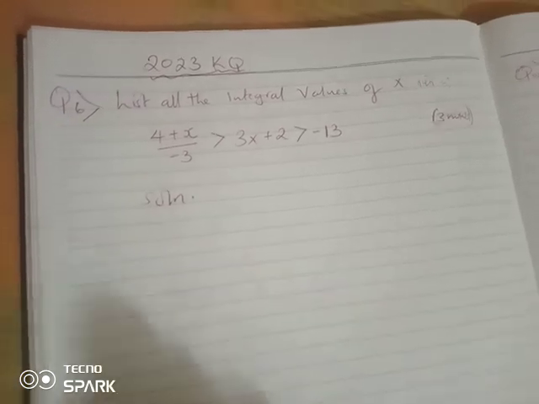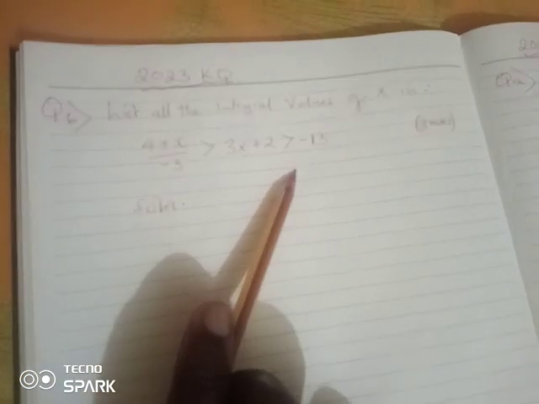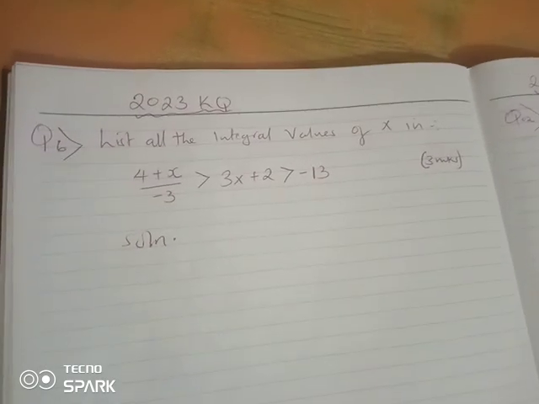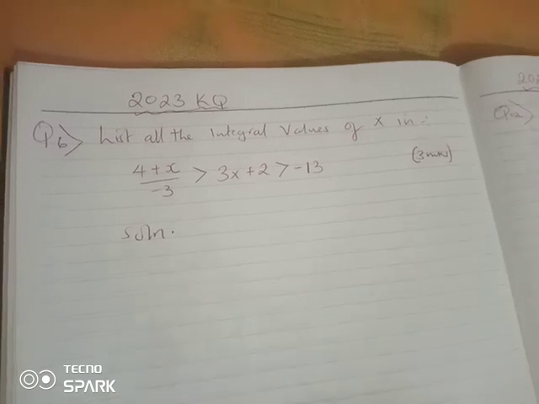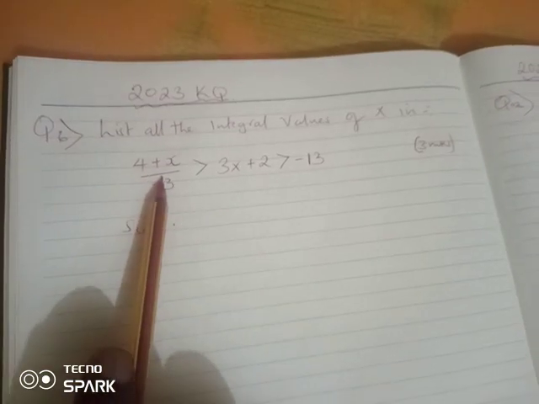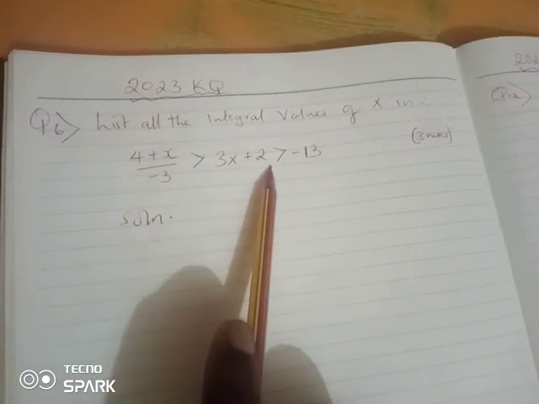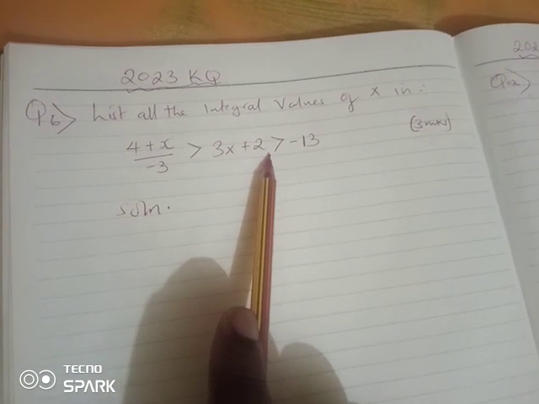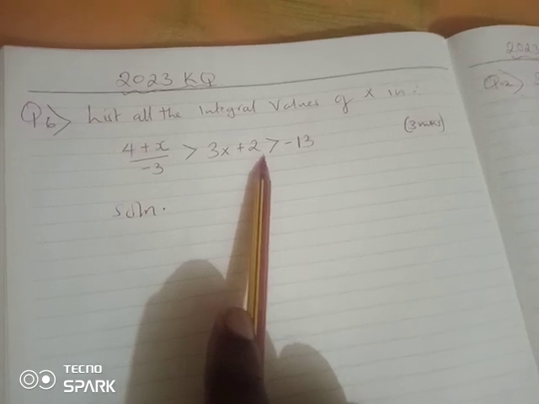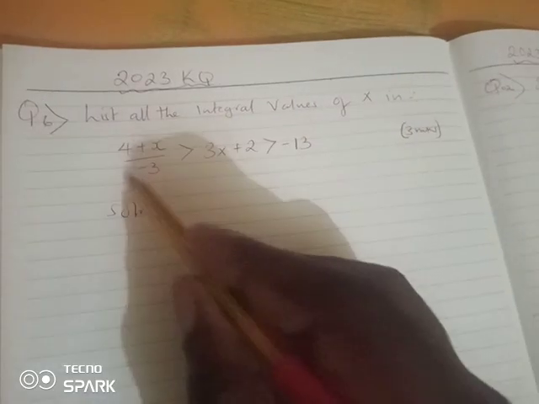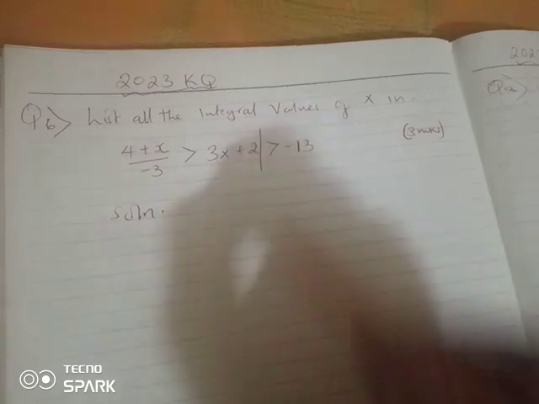So to our solution, as you can see, this is a compound inequality that has been joined. So the first duty we have is to separate the two inequalities. We consider the inequality until just before we reach the second sign, so we cut it at this point.